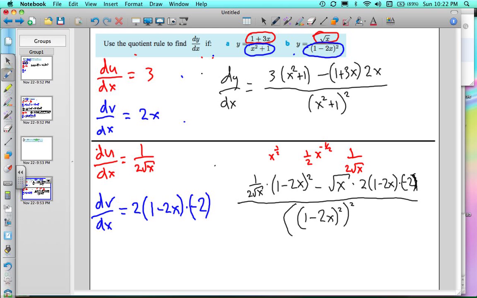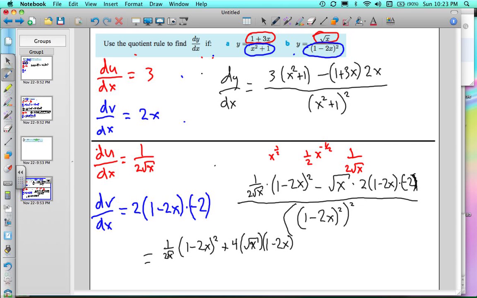Now I could simplify this all a little bit. I just leave this the same, 1 over 2 square root of x times 1 minus 2x squared. Now this part, so I got a negative 2 times 2, so that would be a negative 4, but there's a minus here, so it ends up just being plus 4 times square root of x times 1 minus 2x.